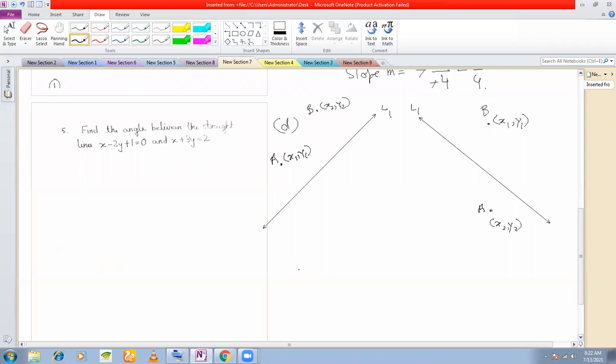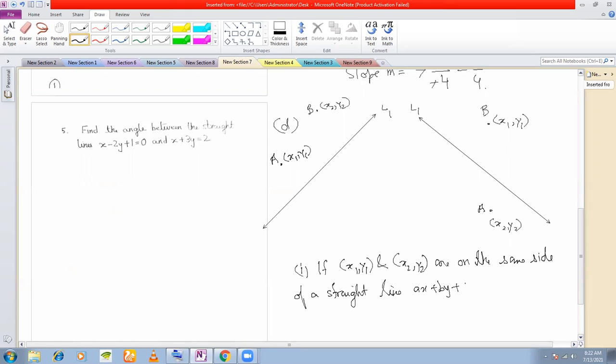The rule that you must remember here is that if x1 y1 and x2 y2 are on the same side of a straight line ax plus by plus c is equal to 0, then you put the given coordinates in the left hand side of the straight line and check the sign.